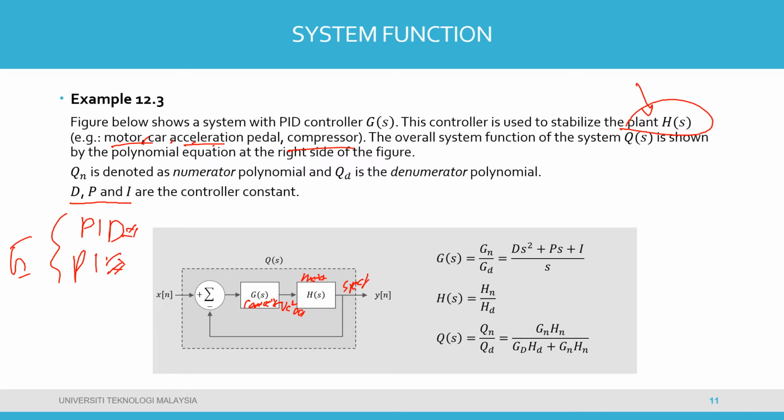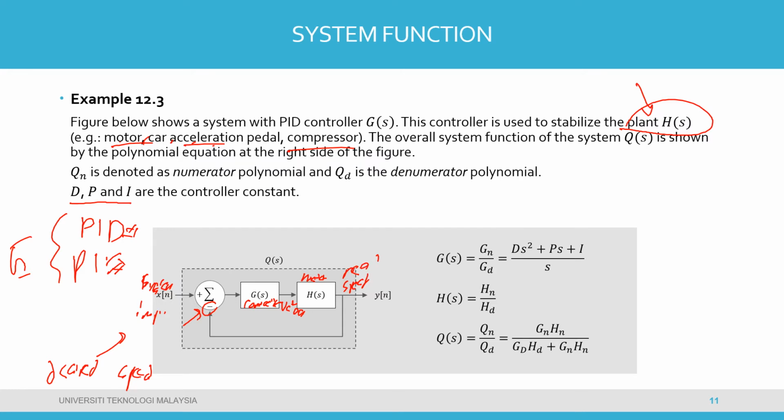The controller will produce a correct voltage for the motor to produce a speed, and this speed is a negative feedback. You can see here this negative feedback. Basically, it will compare. This is the system input, for this case, the desired speed. This one is the real speed.